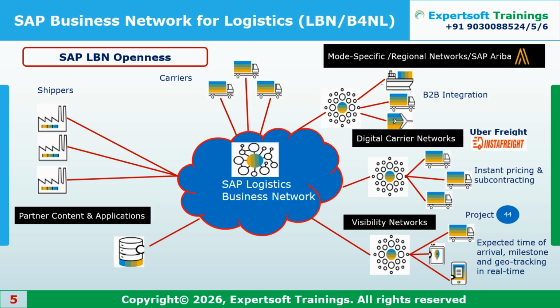Okay, I have a general question: what are the best alternatives for BN4L in the market? In this context, like carrier collaboration portals, BN4L and some other third-party systems will be there in different regions.